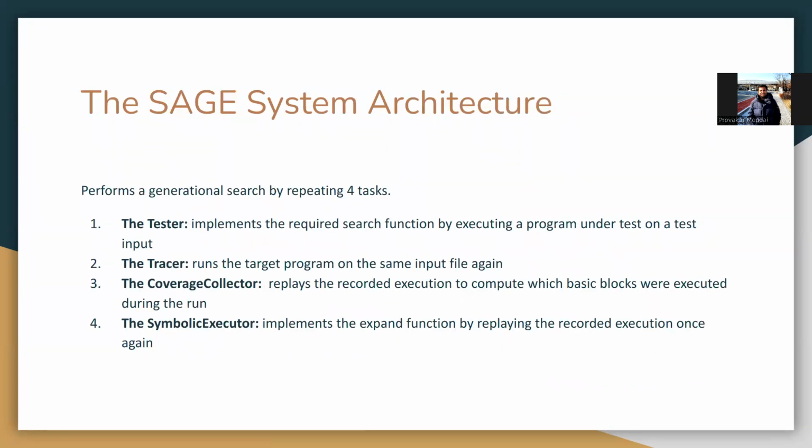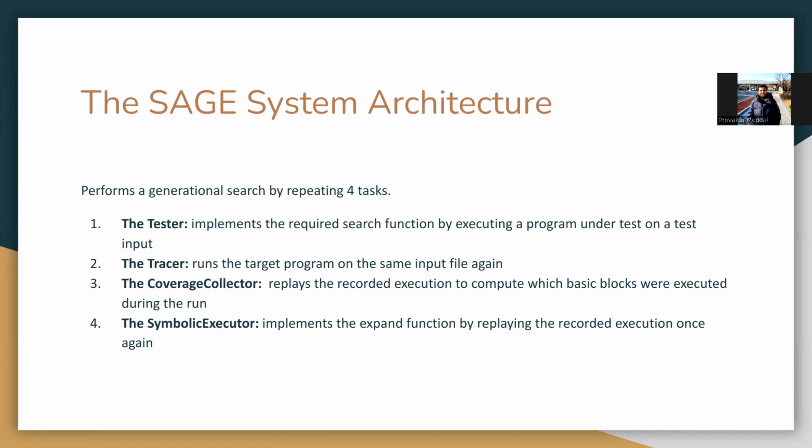Now I will talk about the SAGE system architecture. The proposed system SAGE performs a generational search by repeating 4 tasks. The first task is the tester. It implements the required search functions by executing the program under test on a test input. The second task is the tracer. It runs the target program on the same input file again.